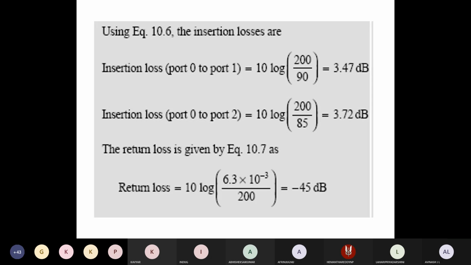This is a very simple, very minute level, I can say, but still we need to do it. So later, return loss.